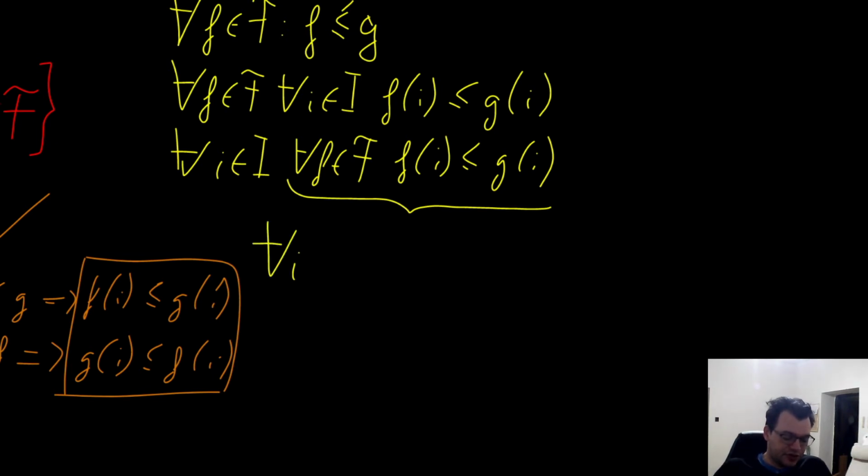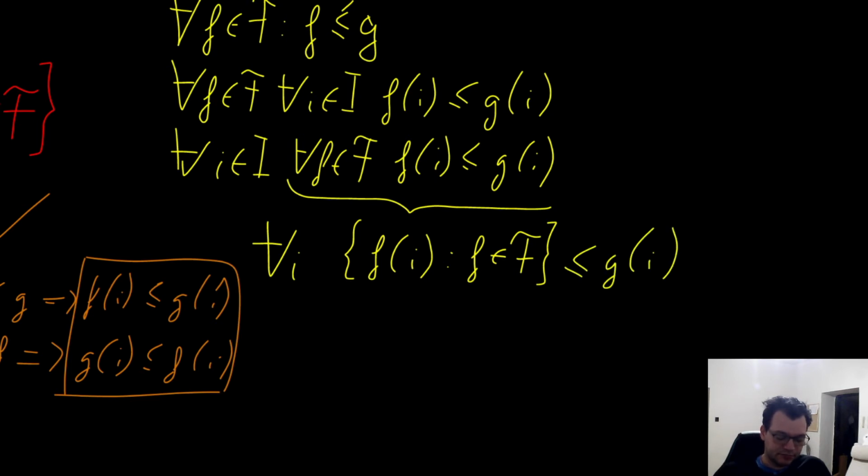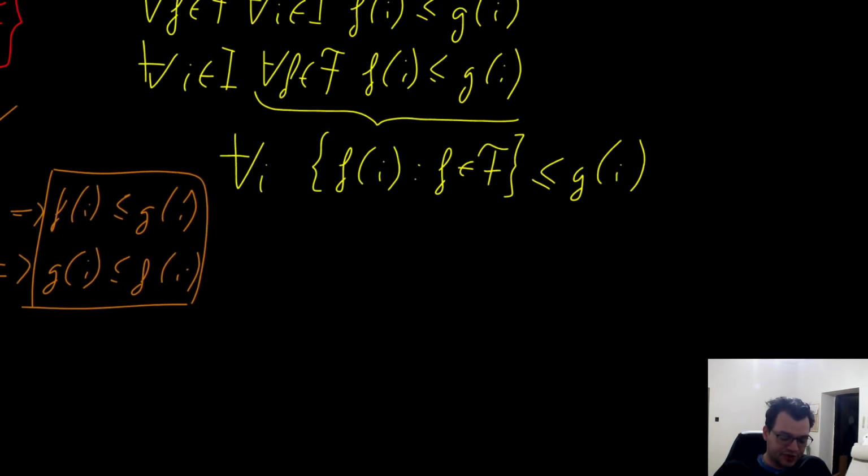So for each i, we have this set of f of i, f in F, is, as a set, smaller than g of i. Now we can take the supremum of this set, which means that because if a set is smaller than something, then the supremum of this set is also a lower bound for the very same something.